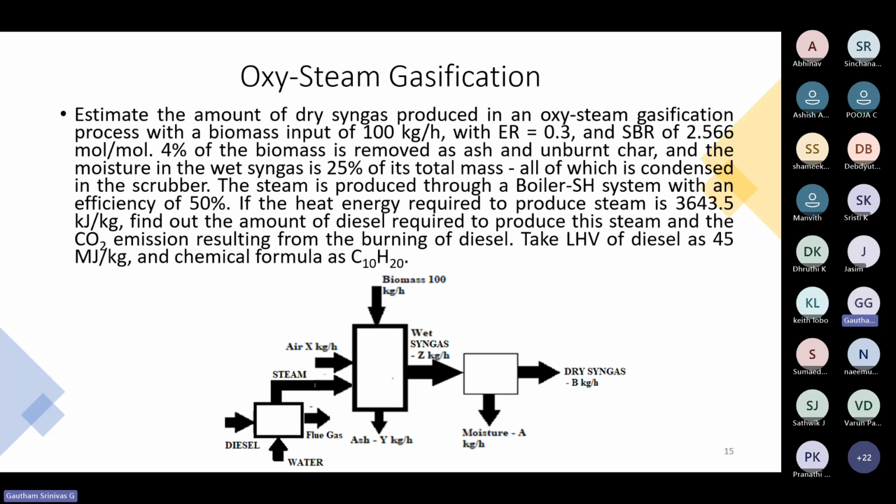Then 200 minus 4 kg. That is the wet syngas Z we get.